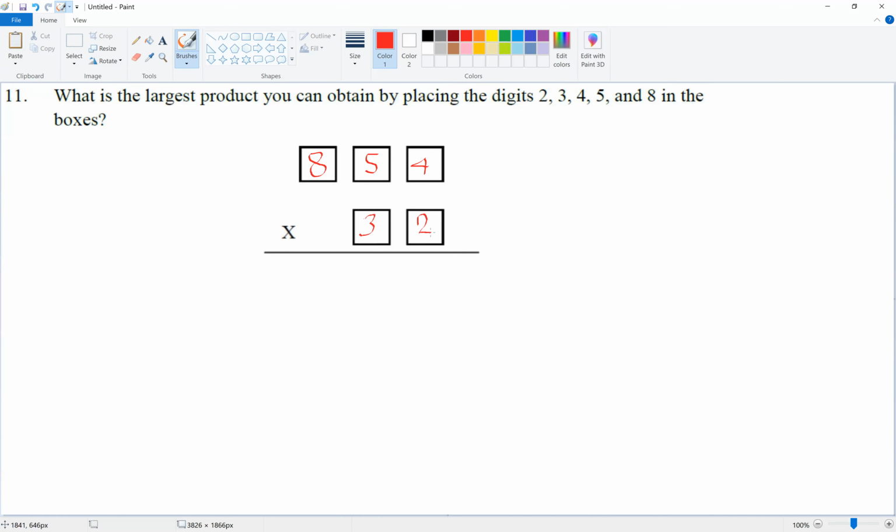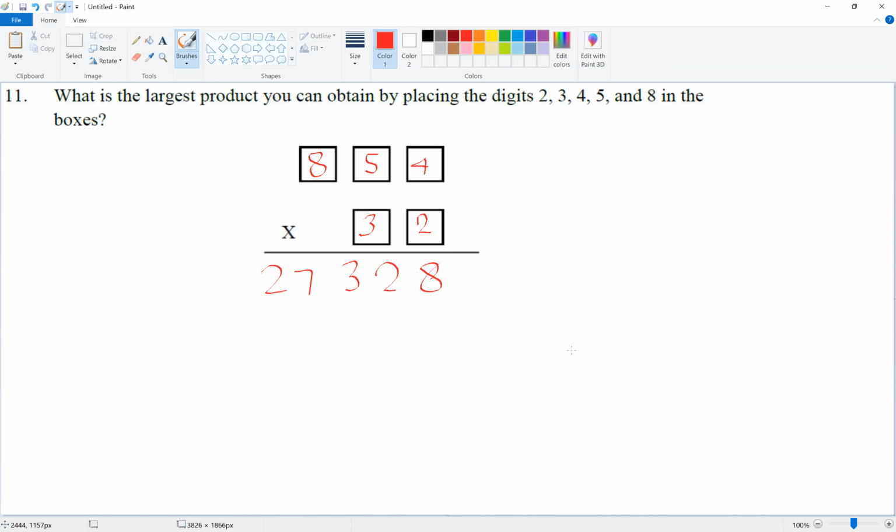And what did you get? 27,328. Anybody got bigger than this?